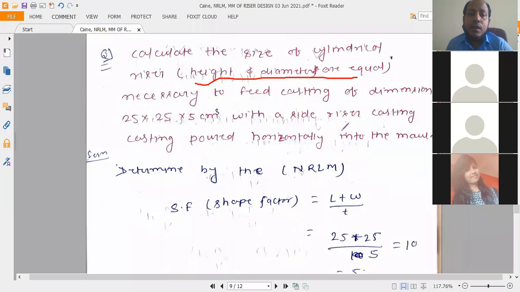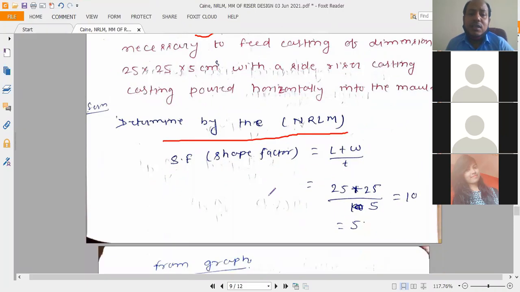NRLM, Naval Research Laboratory method, the shape factor can be calculated. So when we calculate the riser design through the Naval Research Laboratory method, we have to calculate the shape factor, and we have to use the graph table.